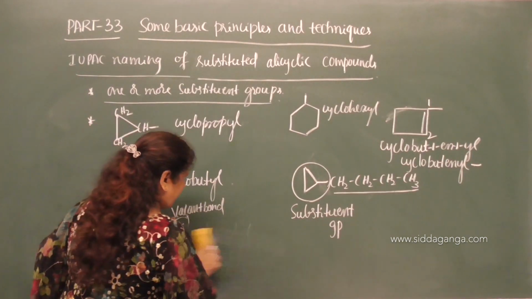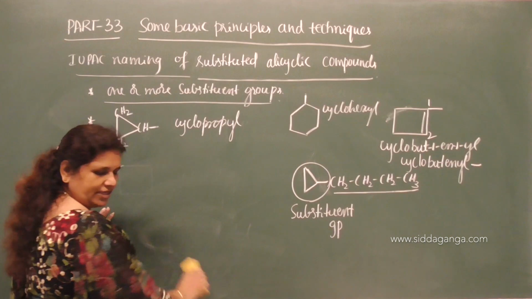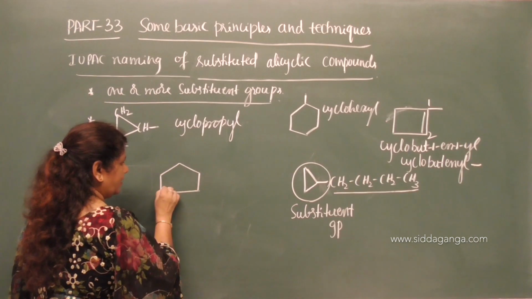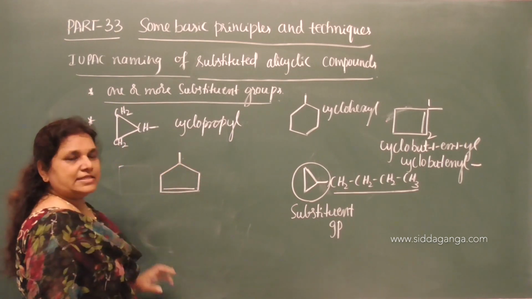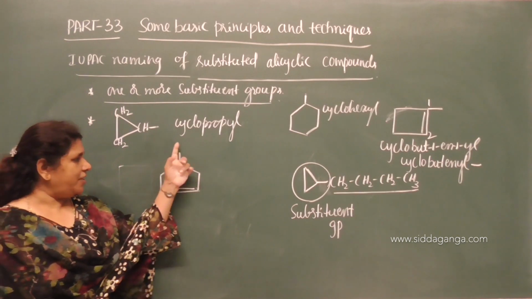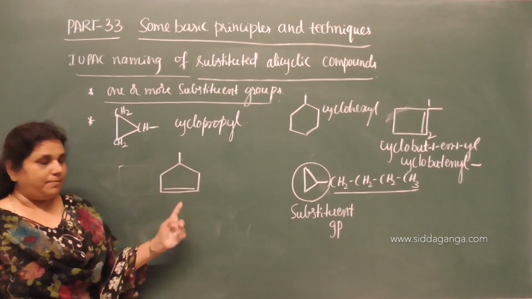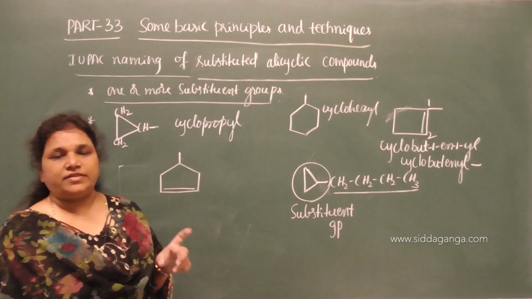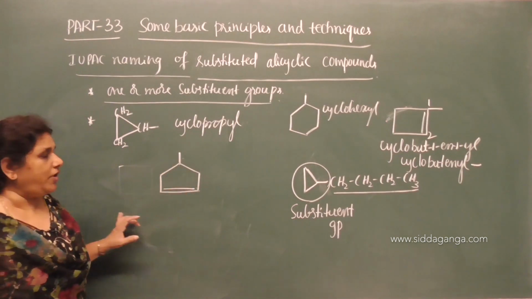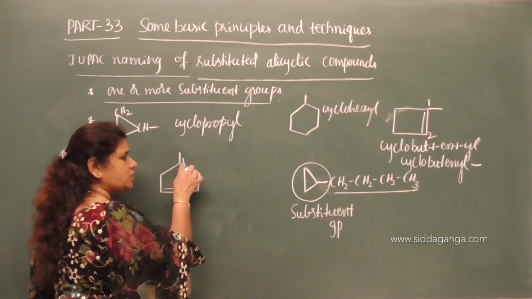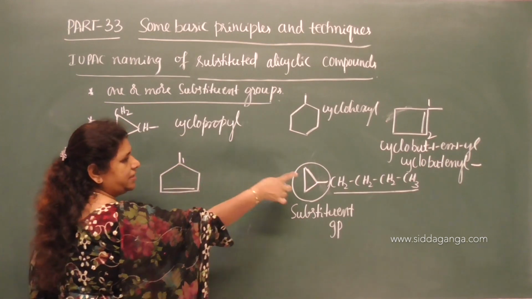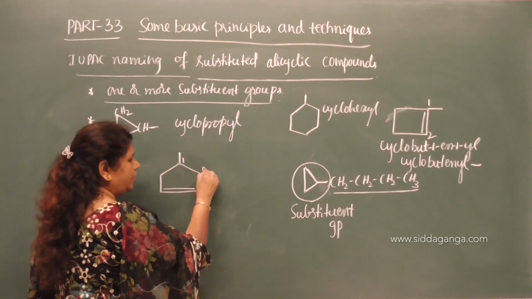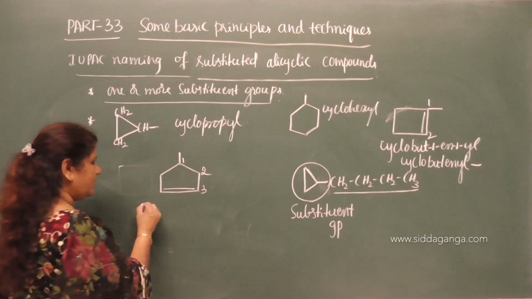Now move on to the next one. If it is like this, see here, the loss of hydrogen takes place from this carbon, but the double bond is between these two carbon atoms. Always we should give preference to that carbon which carries the vacant bond. Therefore, you have to give the lowest possible number to that carbon which gets bonded to the side chain: 1, 2, 3. Now, what is the name?